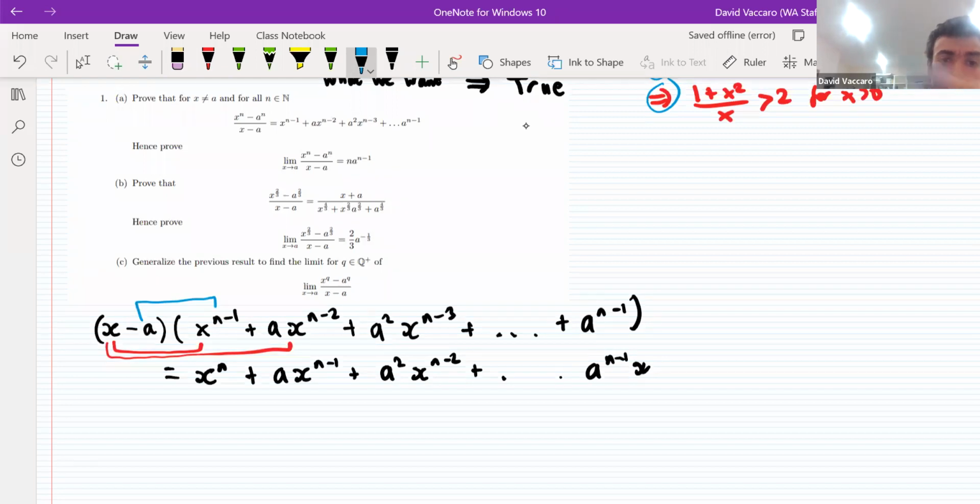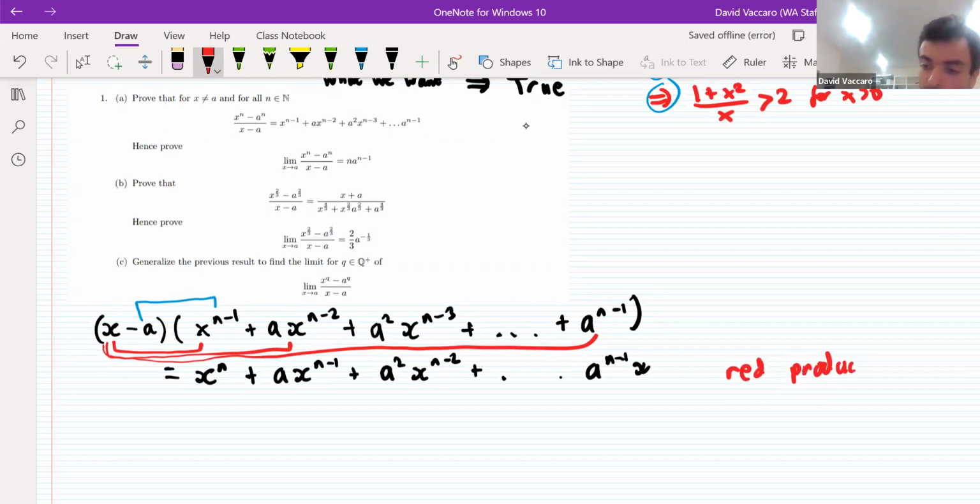And what I'm going to do here is I'm going to start doing those blue. So this line of working is the red products. And then the blue products I'm going to do on the next line. I wouldn't write red and blue products if I was writing this up. But I'm going to write the blue products on the next line.